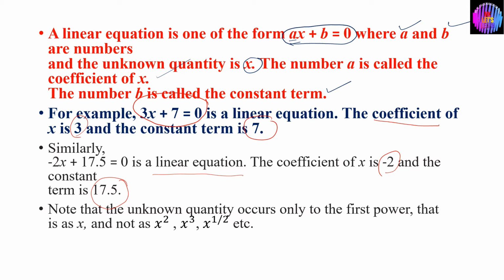Here note that the unknown quantity occurs only to the first power. That means the term x to the power 1 is called the first power. That is x, and not x square, x cube, or x to the power of 1 by 2.